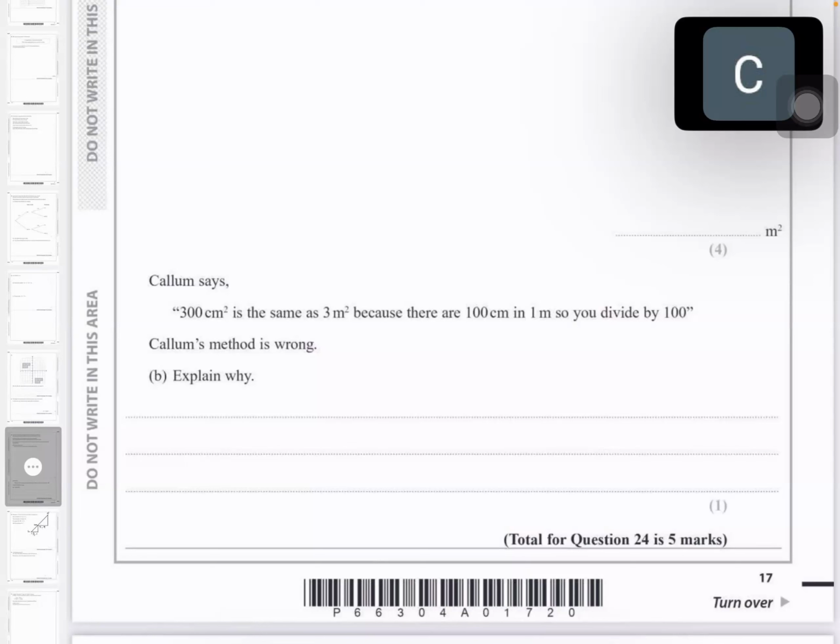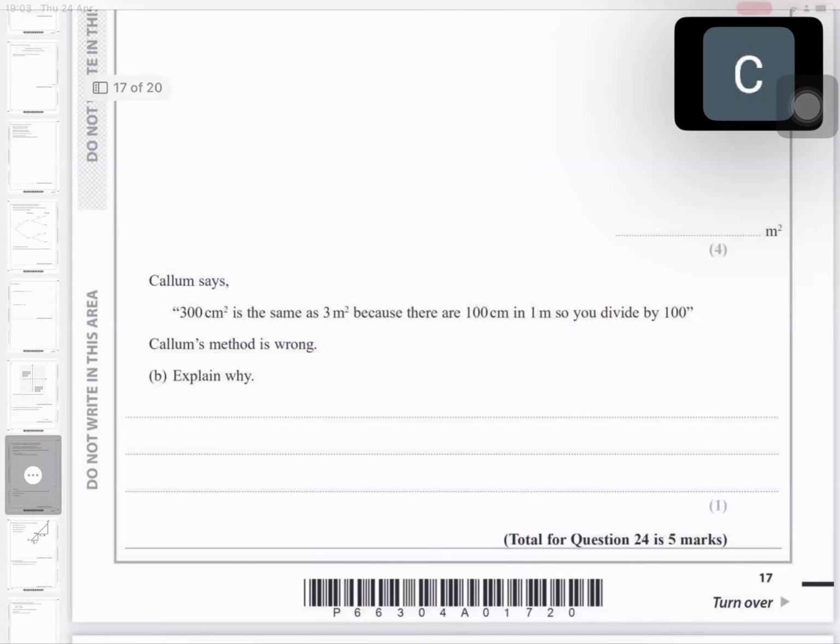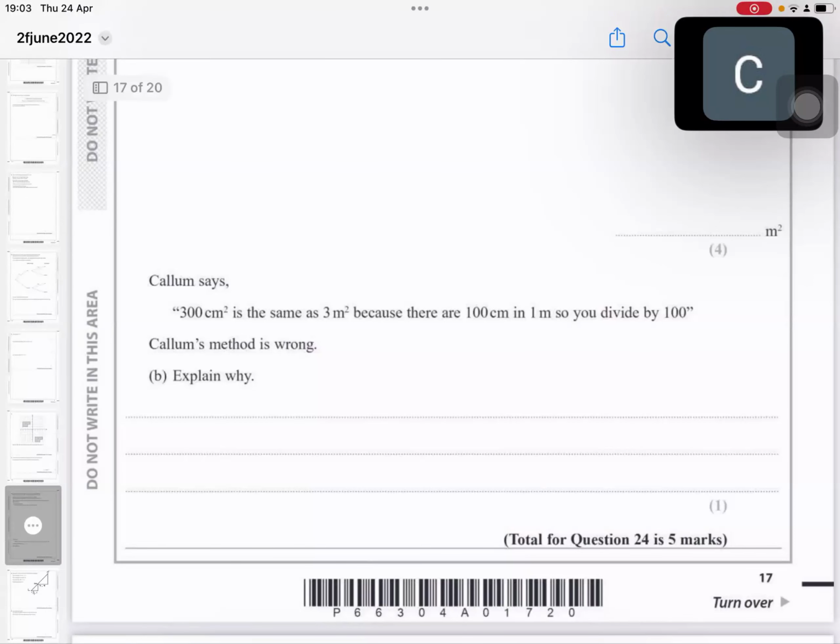That is 10,000 centimeters squared, right? Yes. Then we can find out what 3 squared meters would be, which is simply 3 times 10,000 centimeters squared. That is 30,000 centimeters squared. So that would make Callum's method wrong.